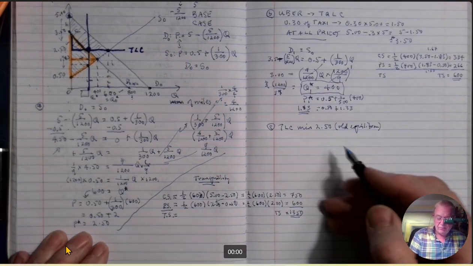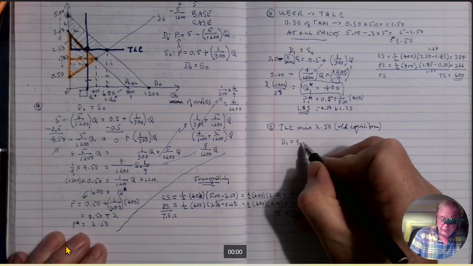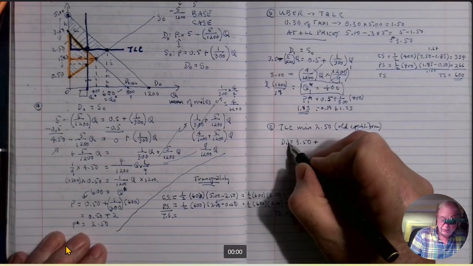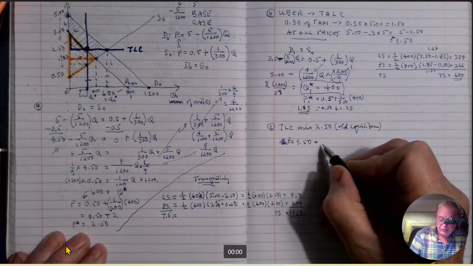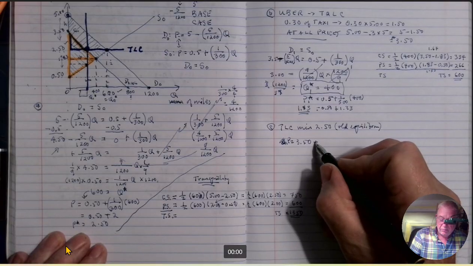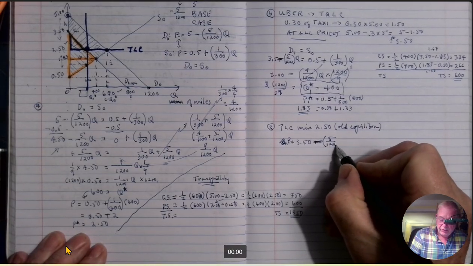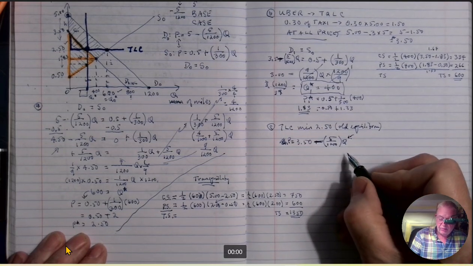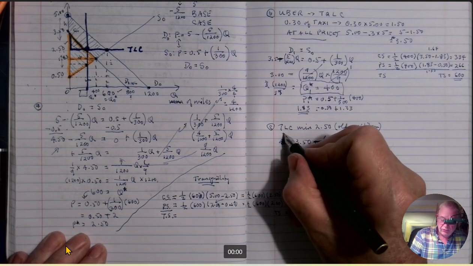Now the new demand curve is D1, price equals 350 minus 5/1200 times Q. Oh, or price, I'm sorry. And we need to find that Q for a price of $2.50.